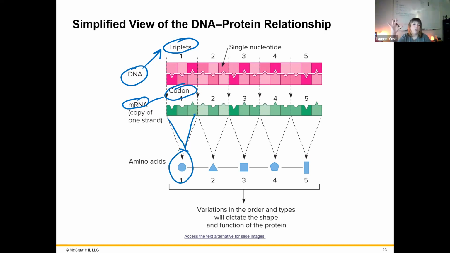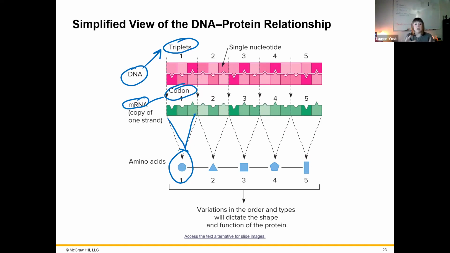Each codon depends on what it spells, A, T, C in the DNA, or A, U, G in the RNA, because remember, DNA uses thymine and RNA uses uracil, right? So keep that in mind at all times. These are different kinds of molecules, and they are different for a reason, because they do different things.